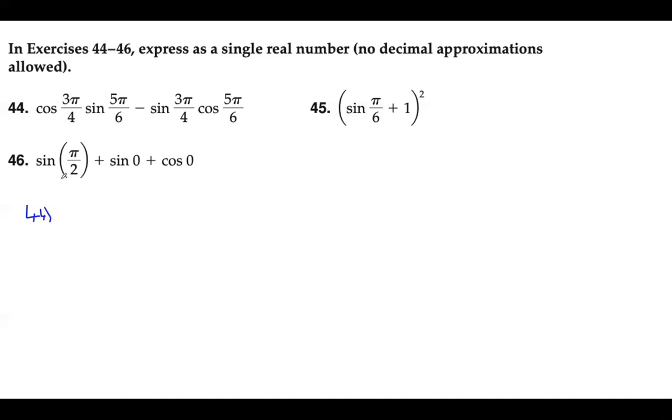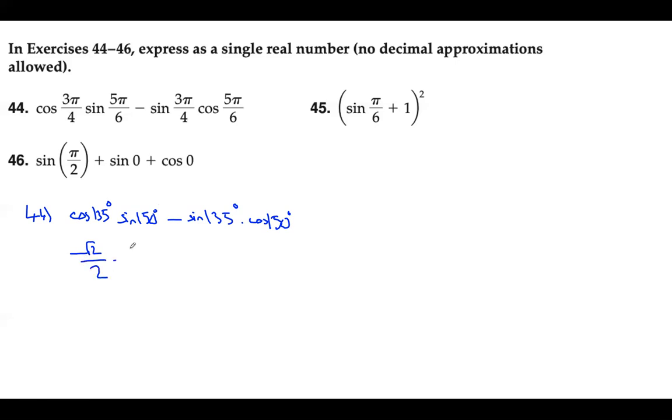Quickly, I will write it. We said that this is cosine 135, then sine 150, then sine 135, then cosine 150. Cosine 135 is minus square root 2 over 2.